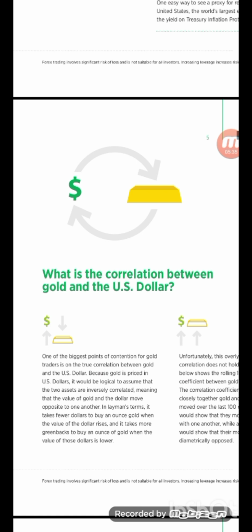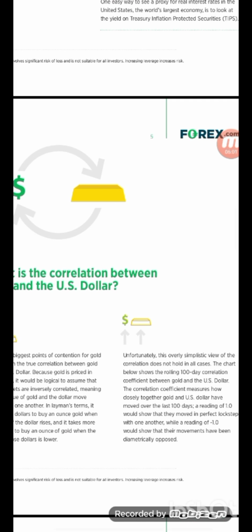Because gold is priced in US dollars, it would be logical to assume that the two assets are inversely correlated, meaning that the value of gold and the dollar move opposite to one another. In layman's terms, it takes fewer dollars to buy an ounce of gold when the value of the dollar rises, and it takes more greenbacks to buy an ounce of gold when the value of the dollar is lower.